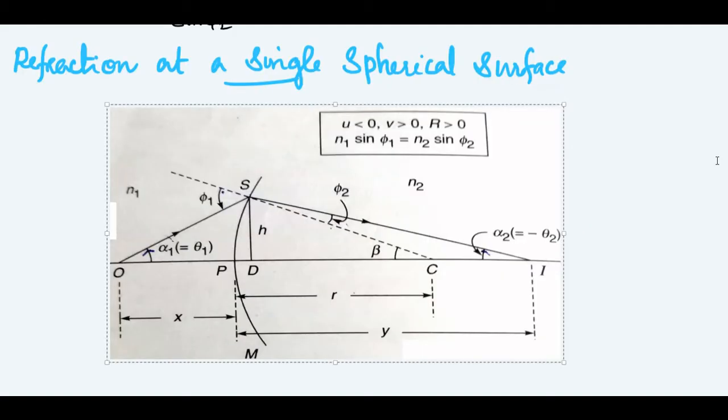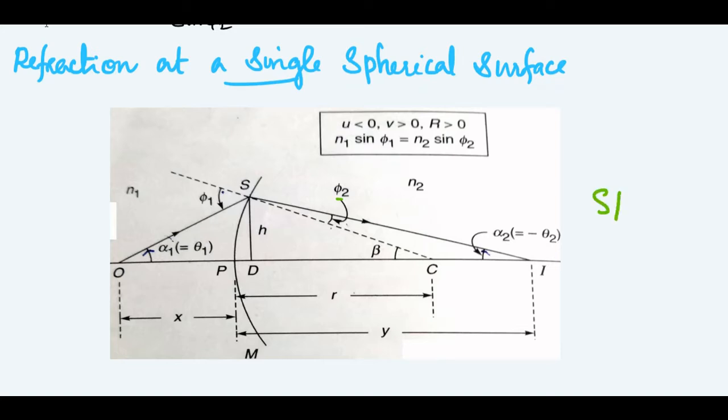Now to discuss refraction at a single spherical surface. Consider refraction at a spherical surface SPM, separating two media of refractive indices n1 and n2.